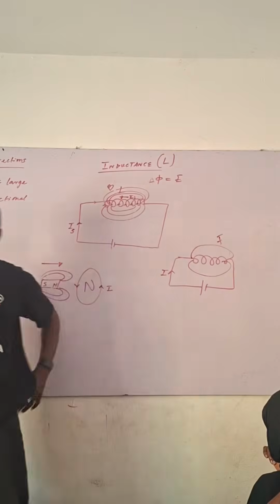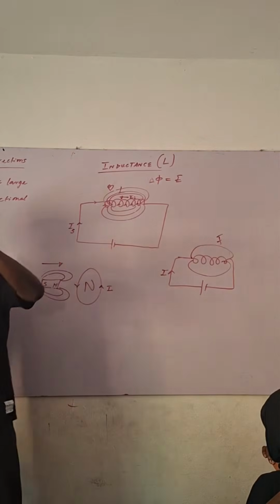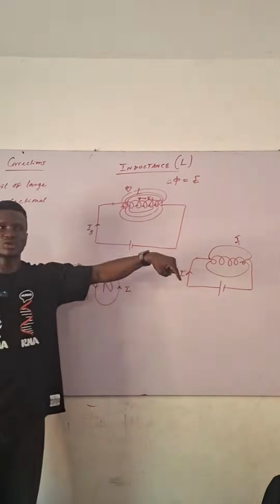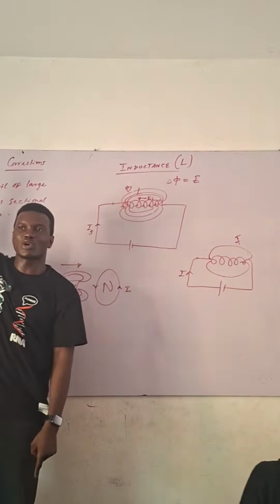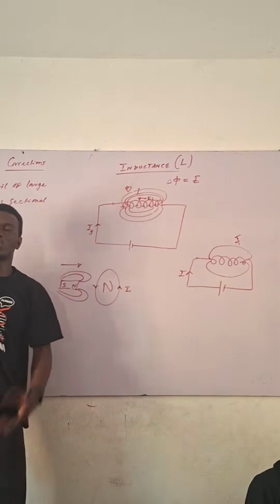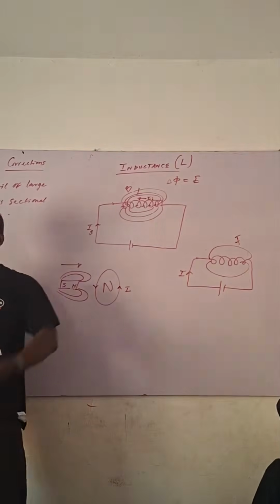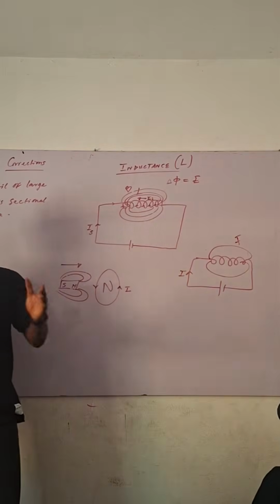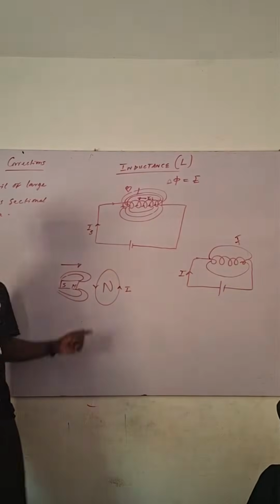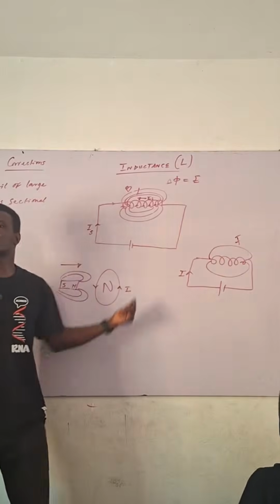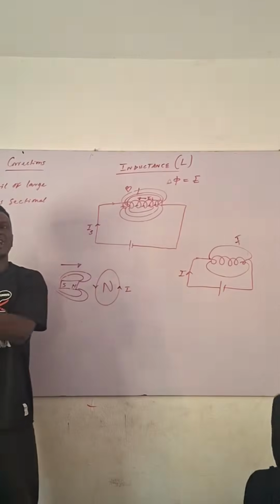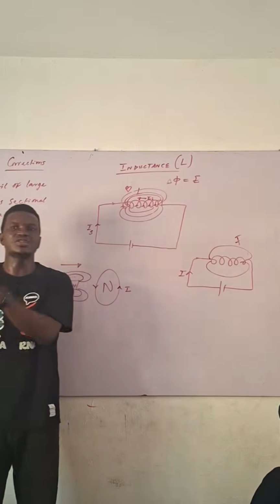Now, listen. In this place, I've combined two things. I used electricity to generate a magnetic field, which was where we started magnetism from: when current is passing, a magnetic field is generated. Then we moved to the second chapter of magnetism, where we said if you move a magnet, you can generate current. That current is generated as a result of change in flux, according to Faraday, and it is called an induced current.